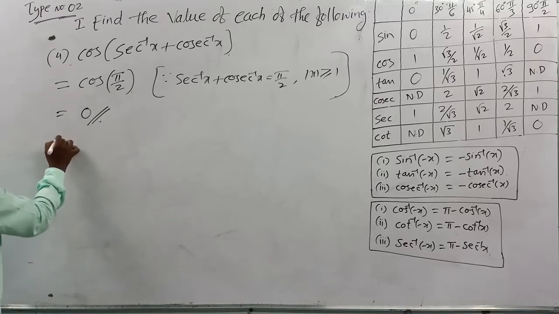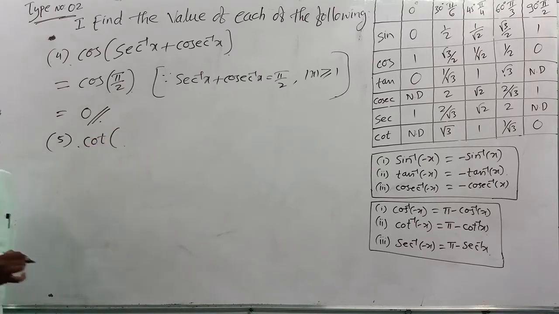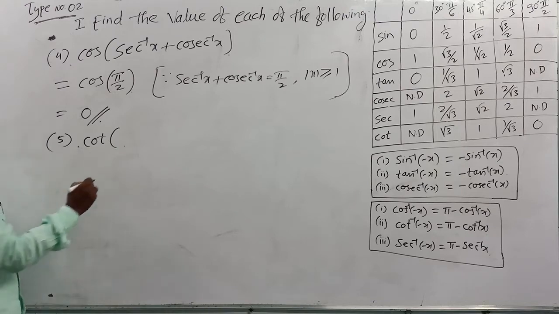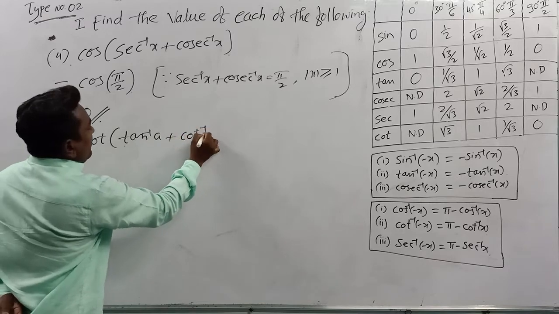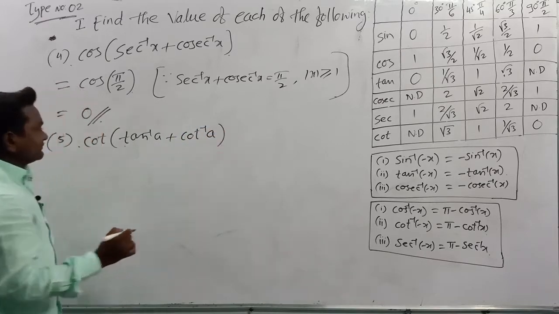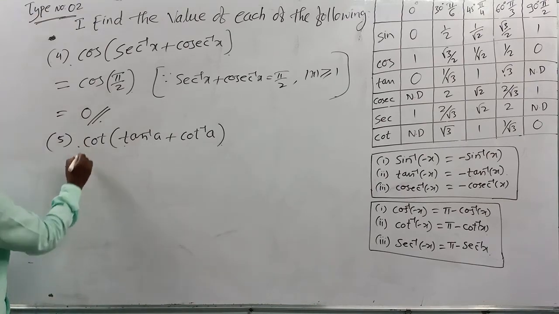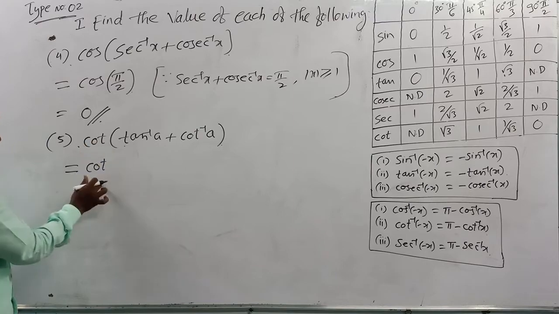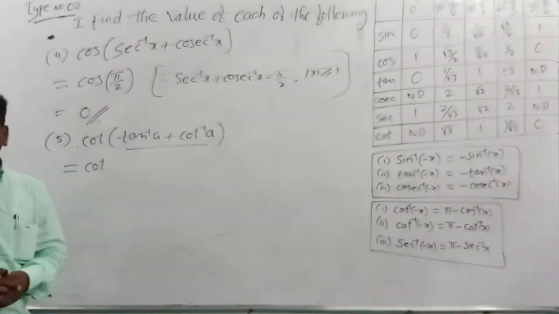Next, continue. Fifth one is cot of tan inverse A plus cot inverse A. Same case here also. Cot, keep as it is. Already we know tan inverse x plus cot inverse x is equal to what?